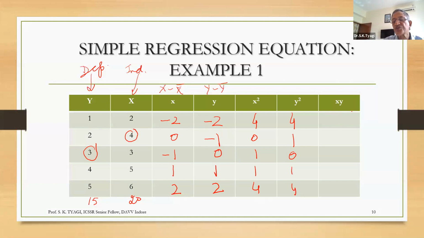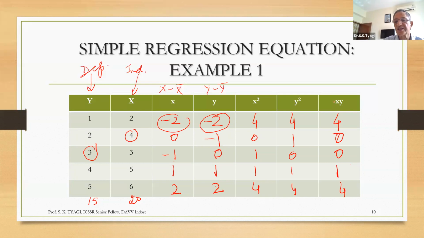Now lastly xy, the cross product, the product of the deviation of x and the deviation of y. We multiply these two: minus 2 into minus 2, 4. 0 into minus 1, 0. Minus 1 into 0, 0. 1 into 1, 1. 2 into 2, 4.